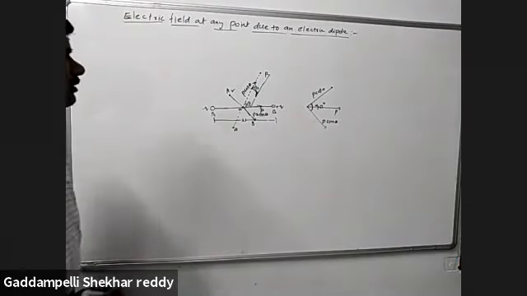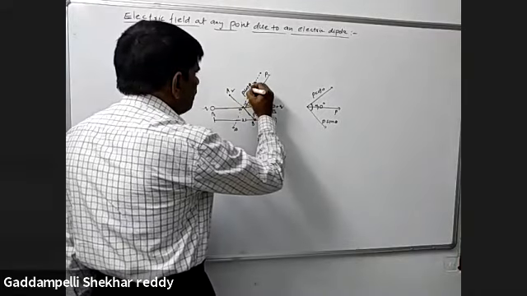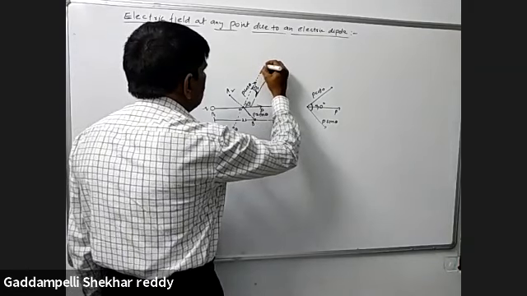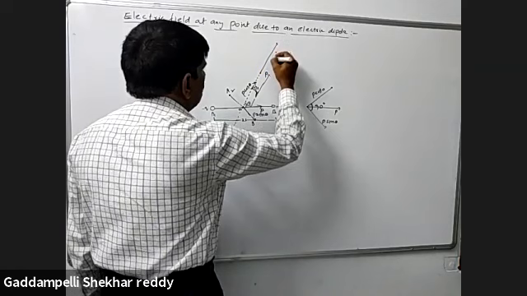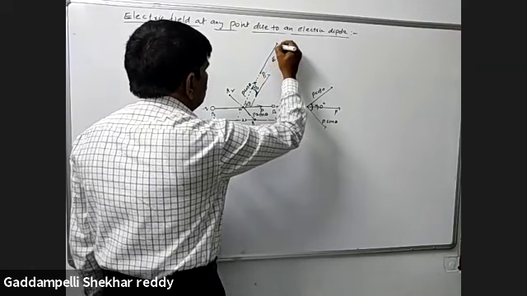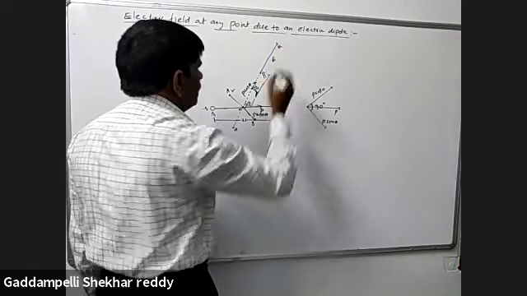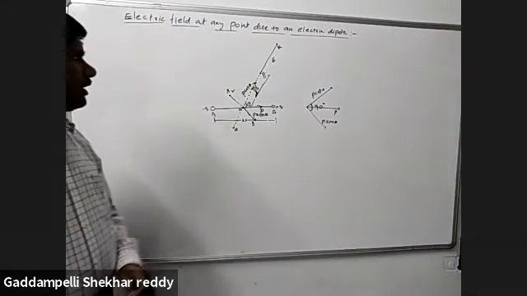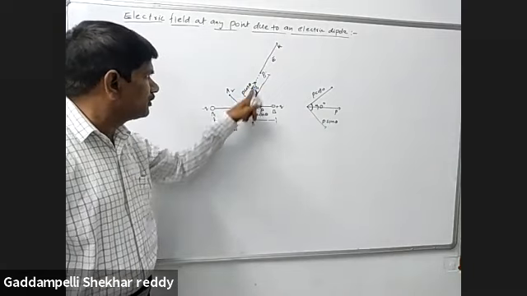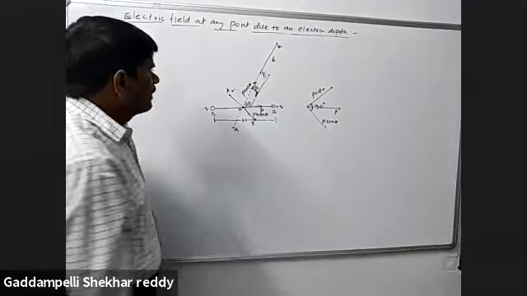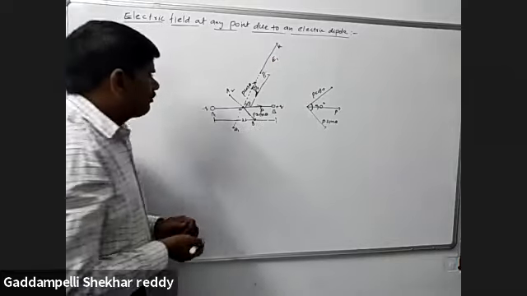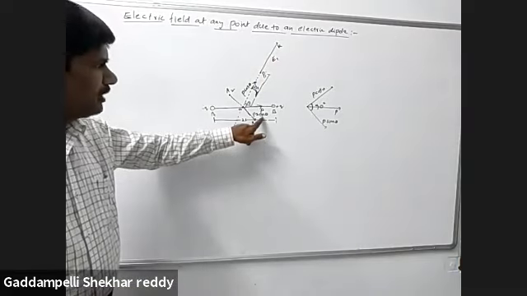Now the electric field due to dipole moment P cos theta, let it be E1, is along the OP direction. The reason is that point P lies on the axial line of the dipole moment P cos theta, which points from the negative charge to the positive charge. Next, let E2 be the electric field due to the dipole moment P sin theta.